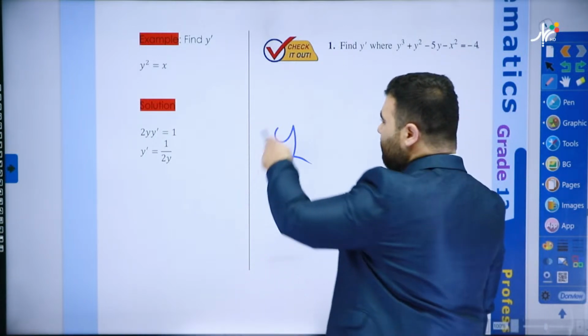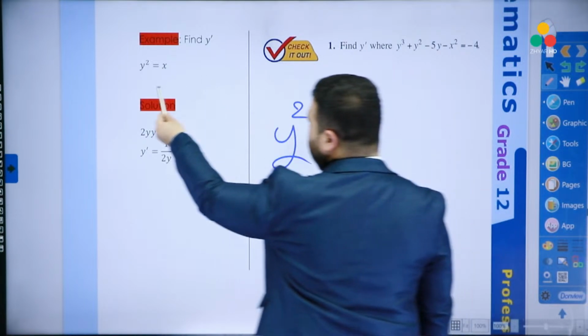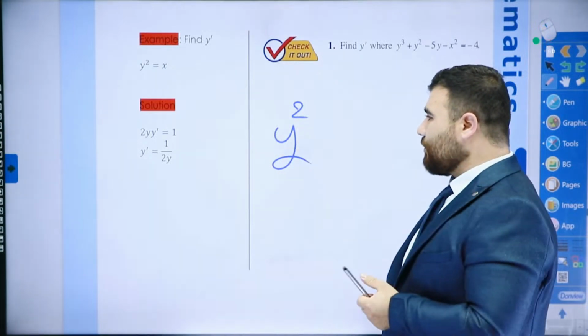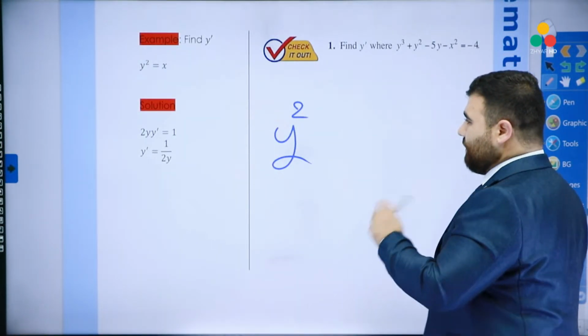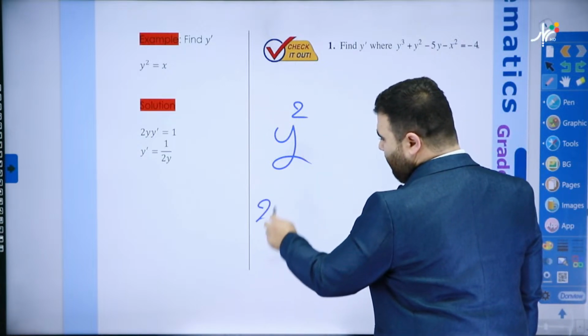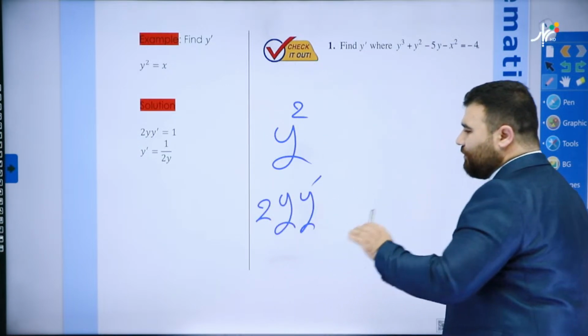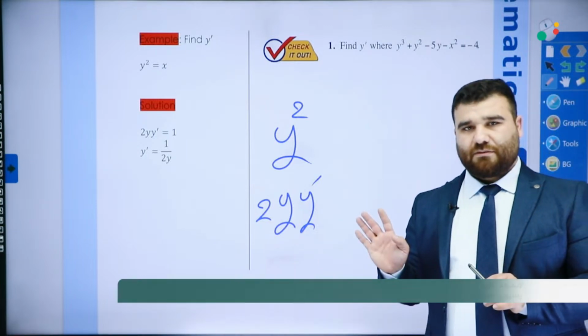Then what's the derivative of y power 2? Here. Since I want to find derivative, I should do derivative of both sides. Derivative of y power 2 is not 2y alone. Y is a function. So derivative is 2y, right next to it, y prime. Every time you do any derivative for y, we write y prime next to it.